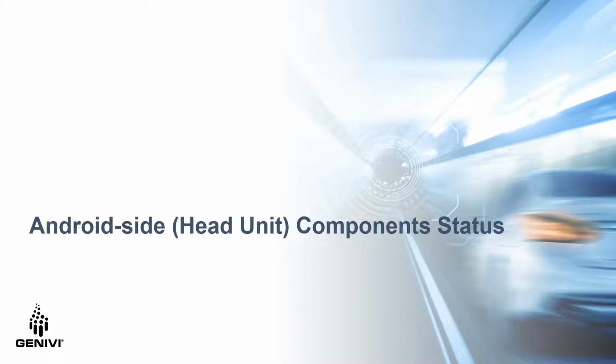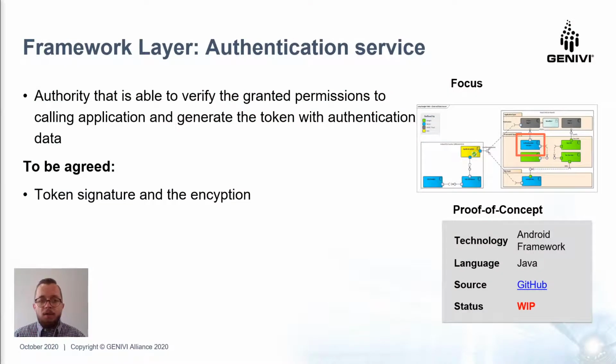Okay, so let's focus more on each component individually, starting from the Android components and moving to the ones that are outside Android. To realize the access control based on Android permissions, we need to authenticate the request that came from the application.